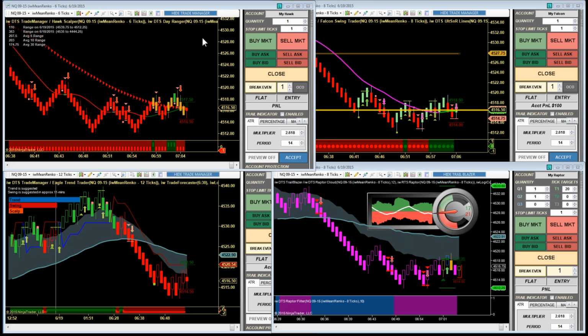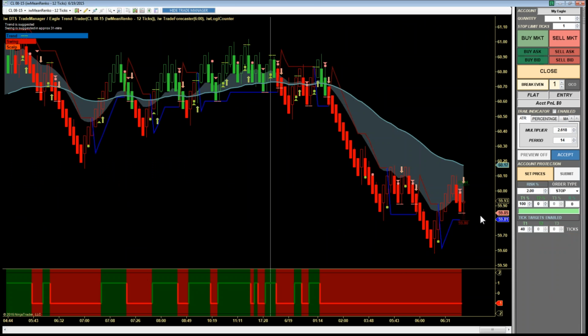Here's crude oil, which has printed the signal, and now we are waiting for the ATR to come into sync. So the ATR will flip over after this bar finishes.